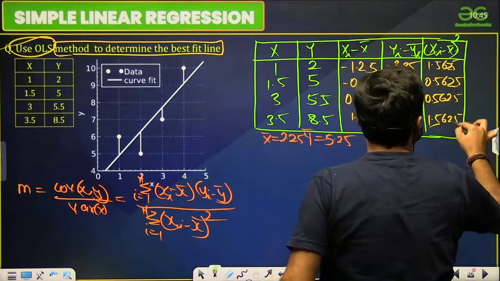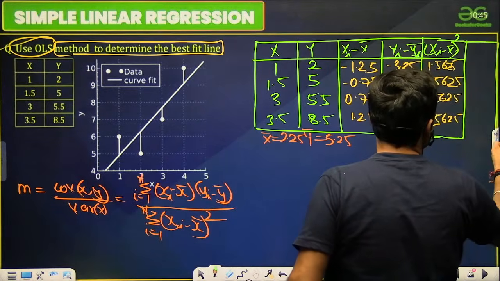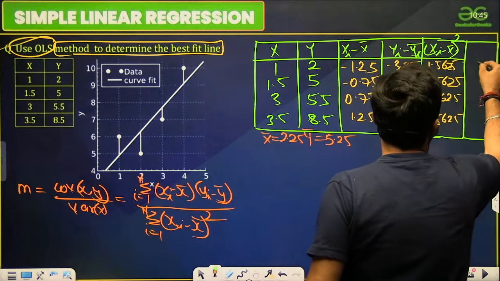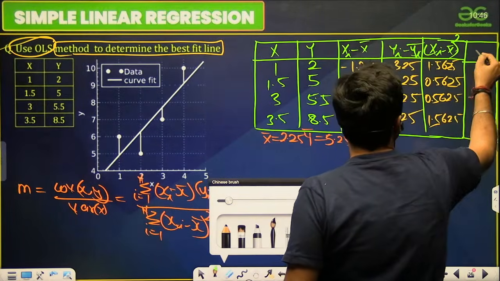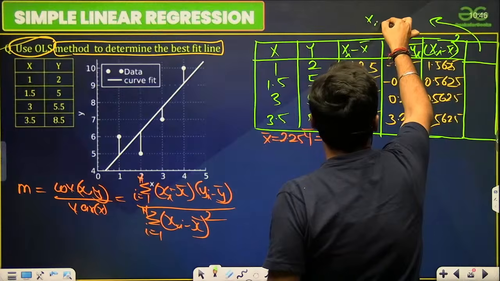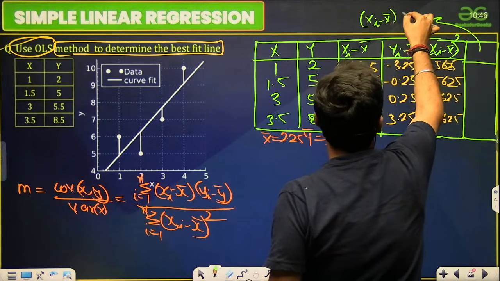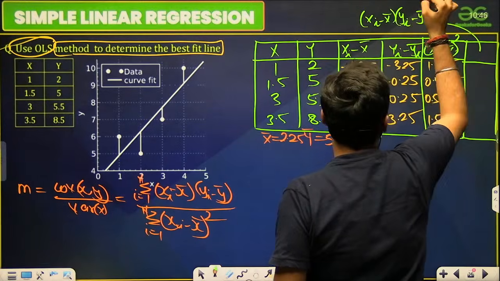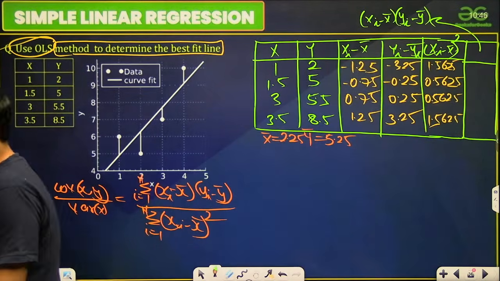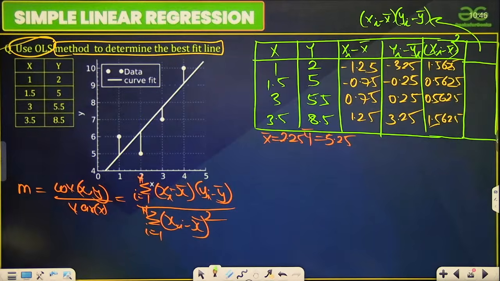So I can just do xi minus x bar into yi minus y bar. I'll be writing here, this column is xi minus x bar into yi minus y bar, and I'll be filling the table.